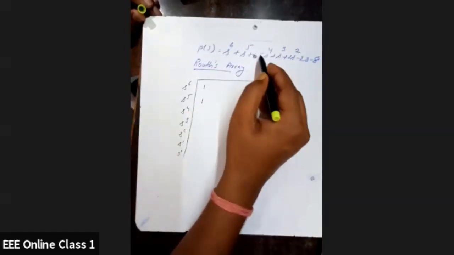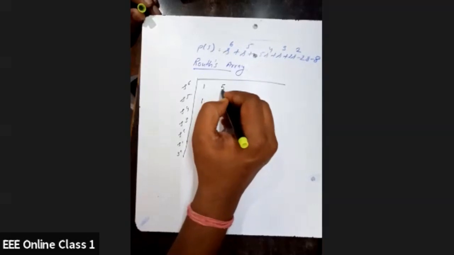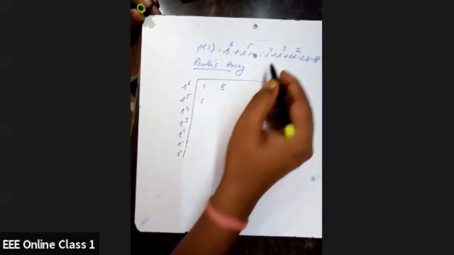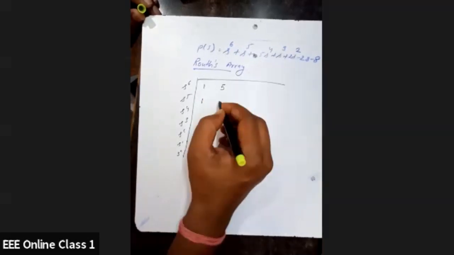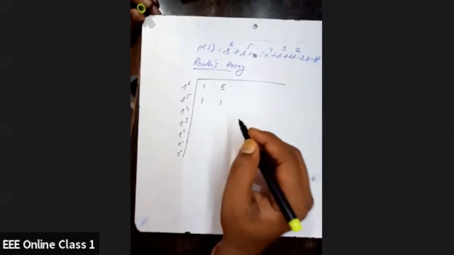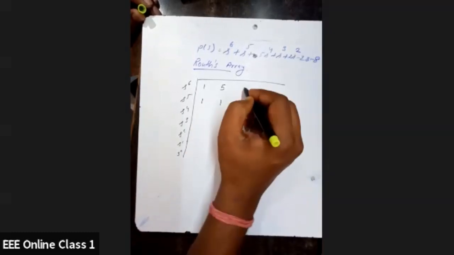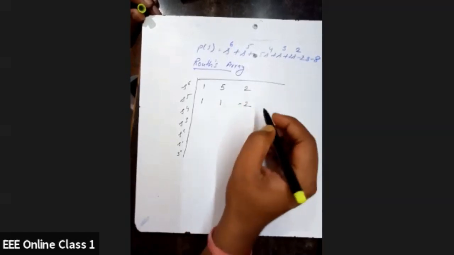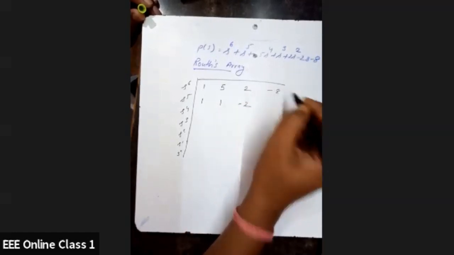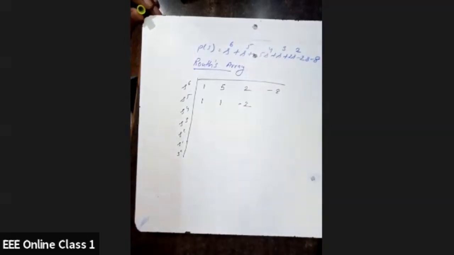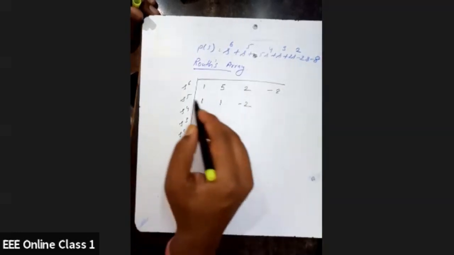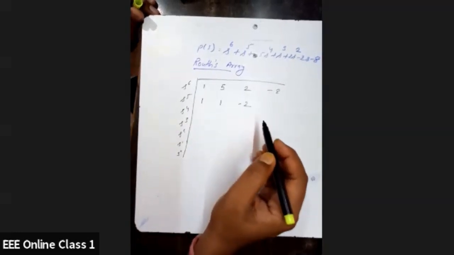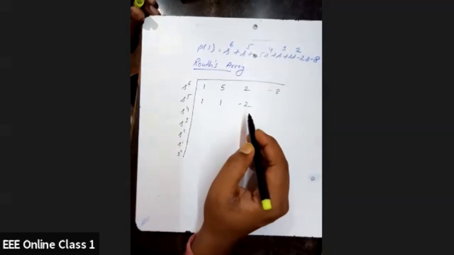Then it is 5S4, so 5 will come here. 1 S cube, 1 will come here. 2s square, minus 2s and then minus 8. This is how the first two rows are filled, and this is from the polynomial given.